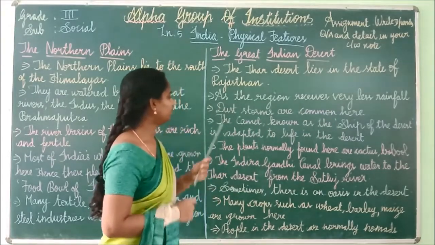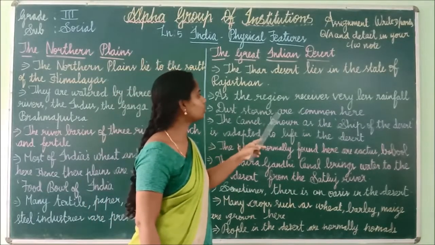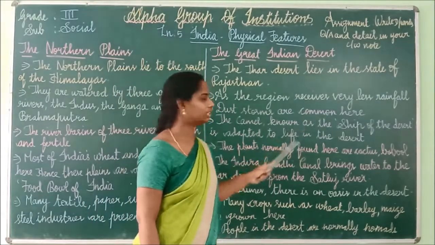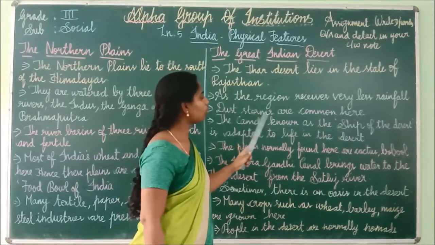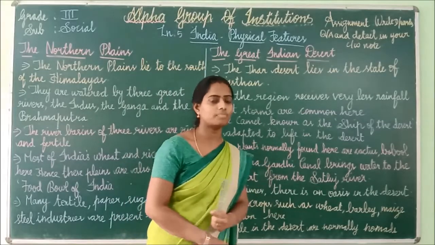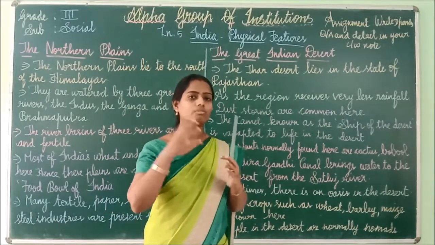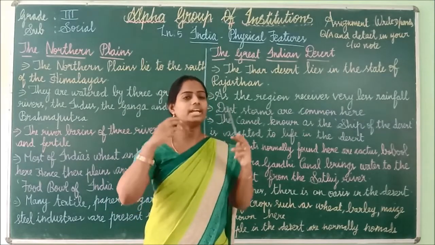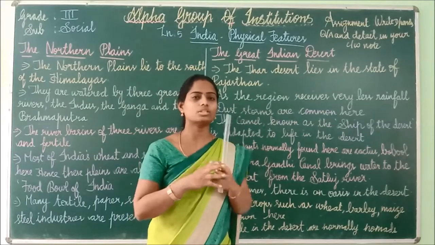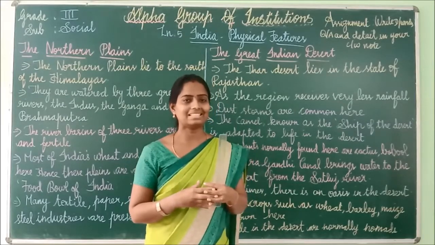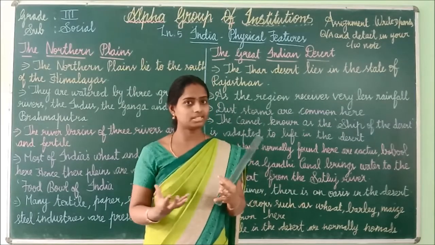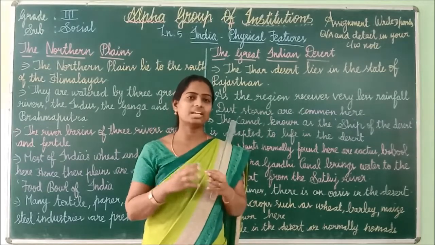Okay, and then the next point: dust storms are common here. What is it, children? Dust storms are common here. You all know about storms, isn't it? Storms are high-speed winds. Which type of storms will come here, children? It will be dust storms, because the desert is mostly covered with sand. So the storms will also be of dust.